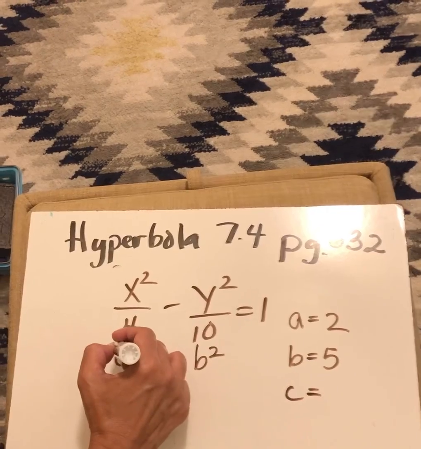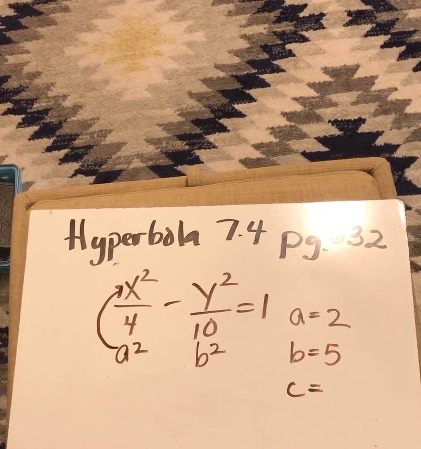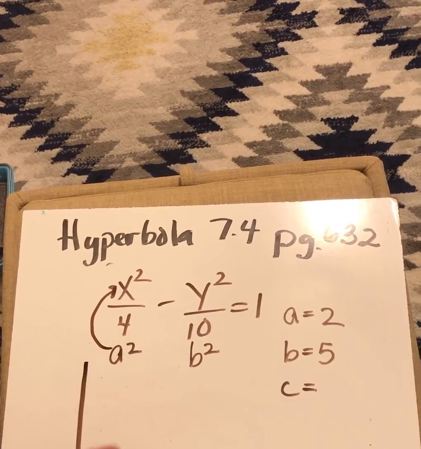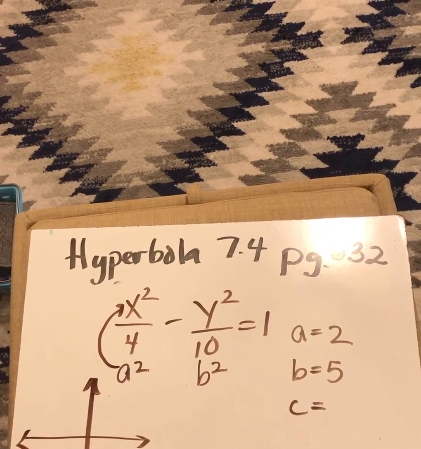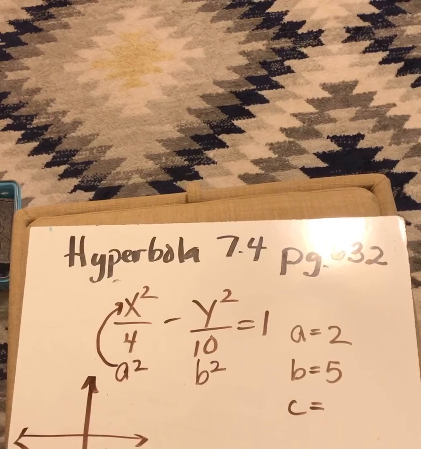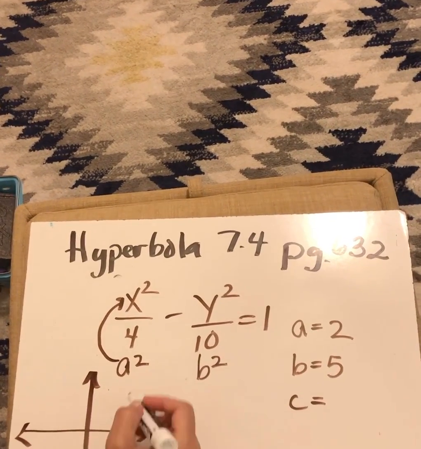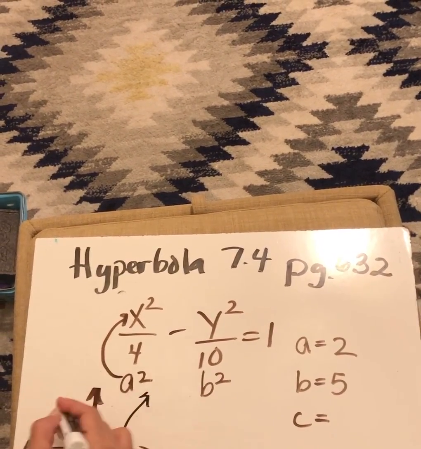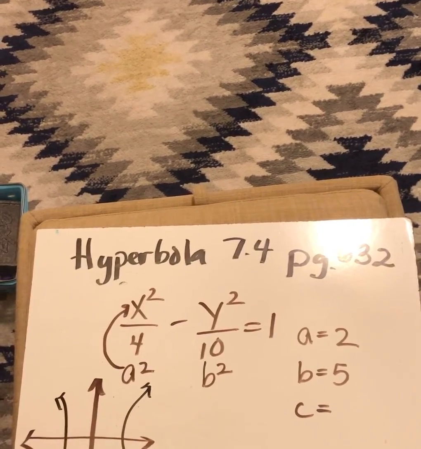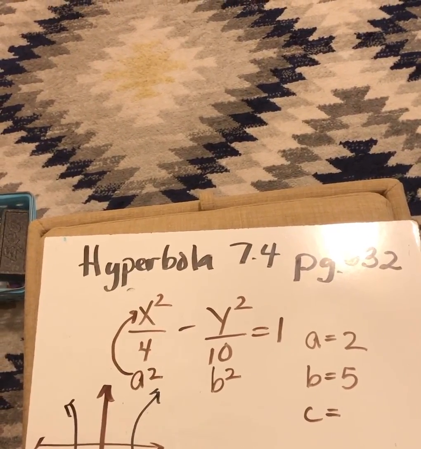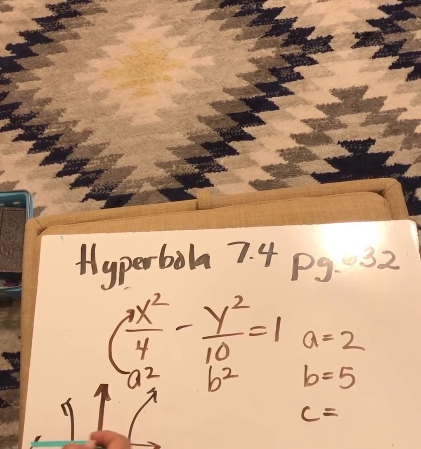So since a squared is under the x squared, it means we have a hyperbola that will look like this. So let me sketch it. The hyperbola will open to the right and to the left. And the transverse axis, or the major axis here, is a horizontal axis.